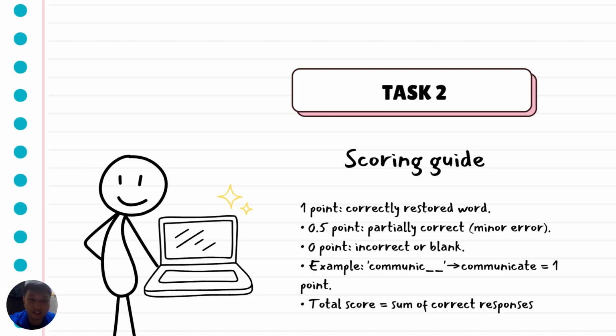This is how we score it. For 0.5 point, partially correct or just a minor error, and for 0 point, incorrect or blank. For example, communicate. If the student can complete the word to communicate, then the student deserves 1 point. The total score is the sum of correct responses.